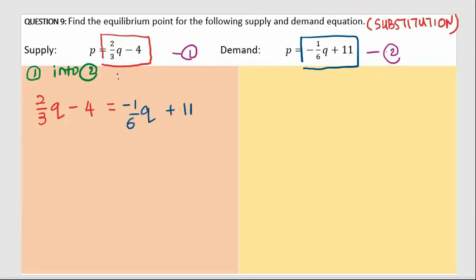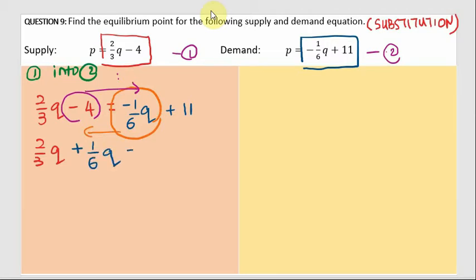Now bring negative 1/6 q to your left and bring negative 4 to your right. Then we have 2/3 q, positive 1/6 q, equals to 11, and from minus it becomes positive 4.